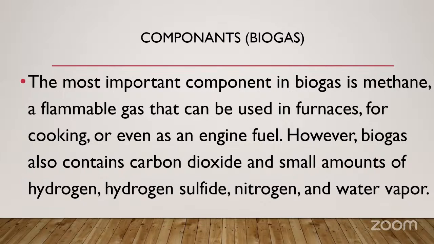In addition, we can also use it as energy to fuel a system. Biogas also contains not only methane, but in addition carbon dioxide and a small amount of hydrogen sulfide, and in addition, we have nitrogen and water vapor.